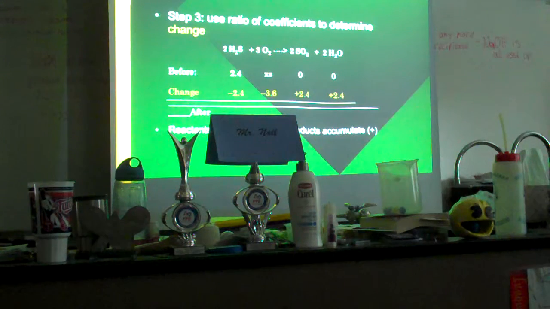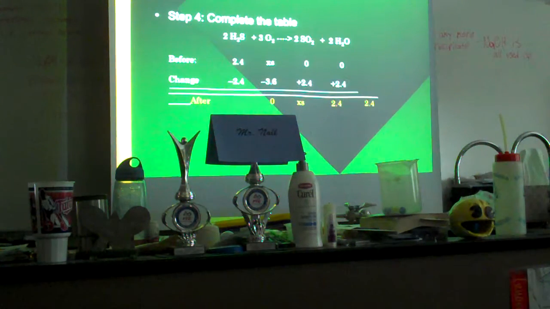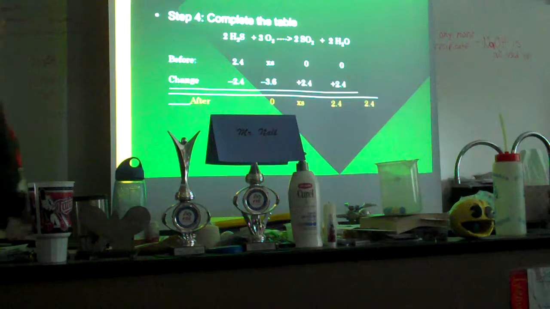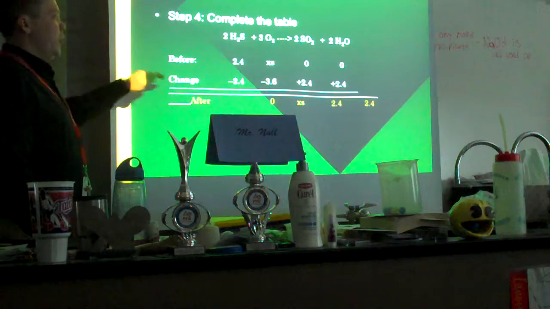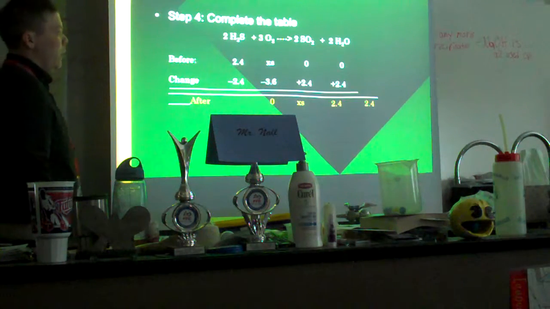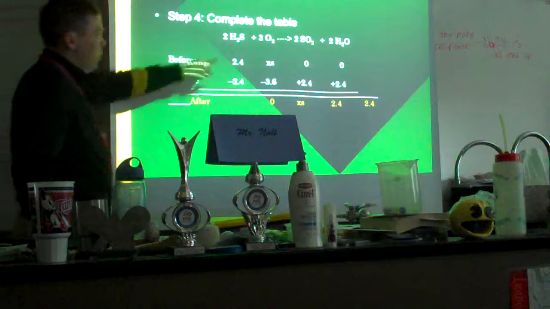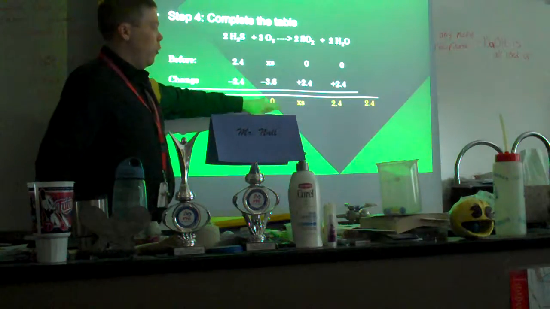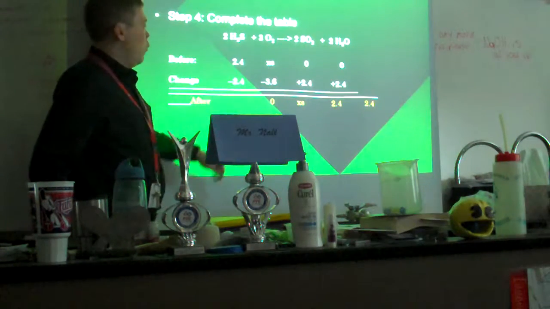So now, step 4, we can complete the table. We took care of the before, what was listed. On the last slide, we took care of the change, how much we're either going to increase the products by or decrease the reactants by, and then we can fill in the after. 2.4 minus 2.4 is 0. Sorry about the slide, it slid everything over.